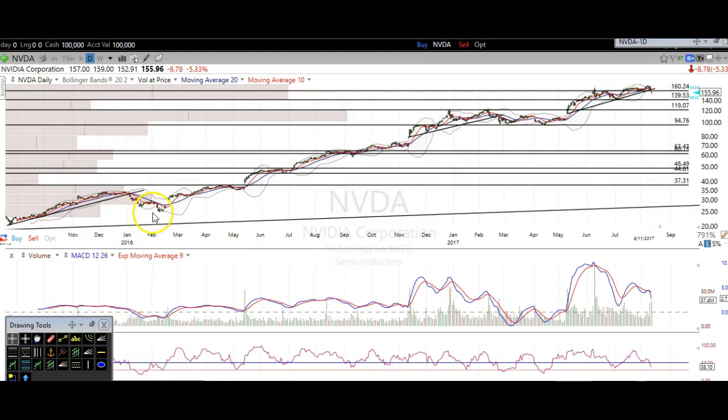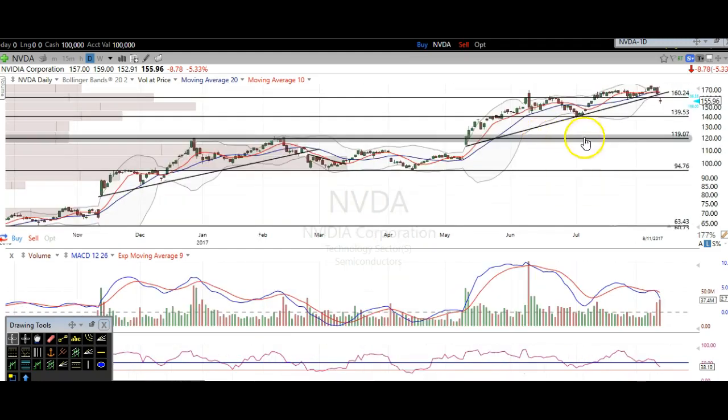So if you look here, you've seen NVDA do very well overall. So a very strong stock, growing in earnings, growing in income and EPS, but just needs a rest here in the near term.